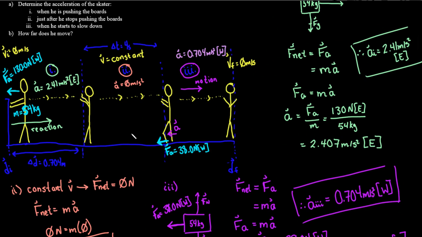Okay, so now we need to go and solve for how far he moves. And in order to do that, we know he's going to be moving to the east over this entire motion. So let's just say any quantity that acts east is going to be positive for us. Any quantity that acts west is going to be negative. Okay, so how far does he move?